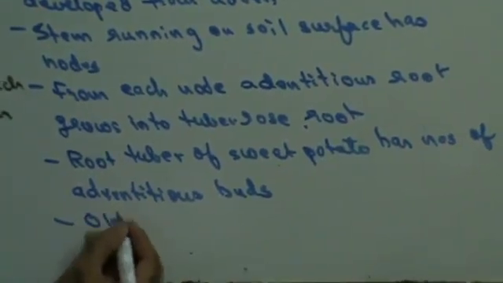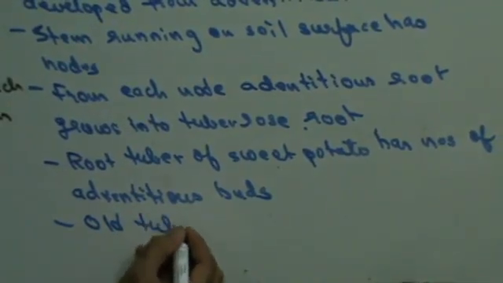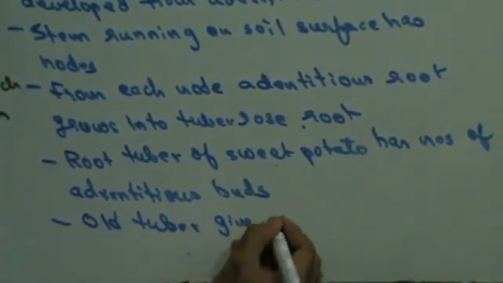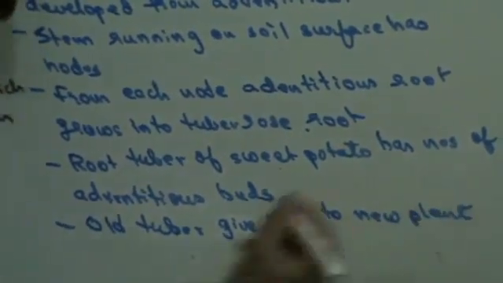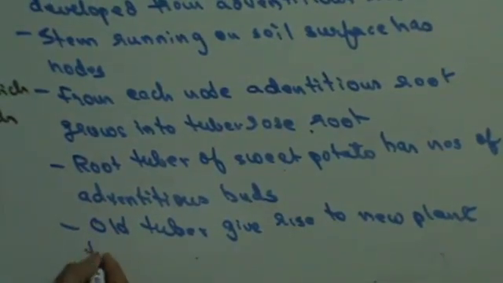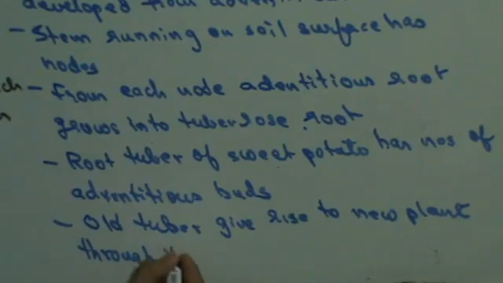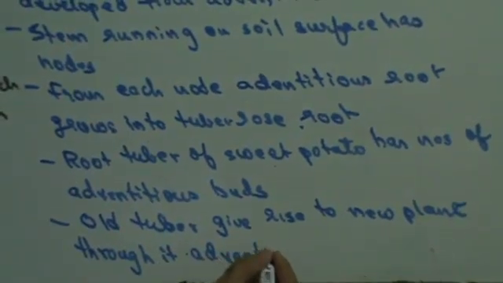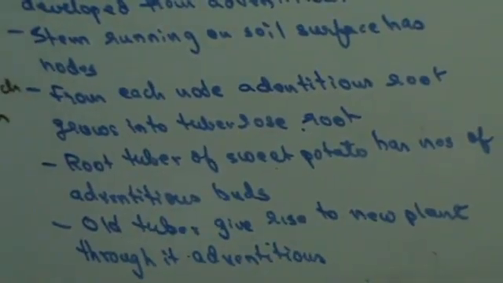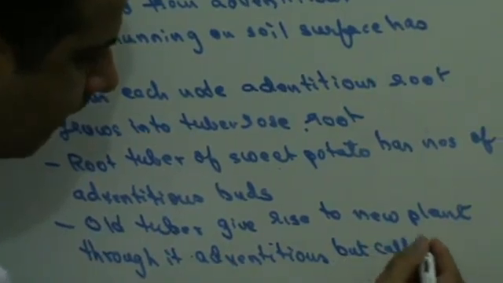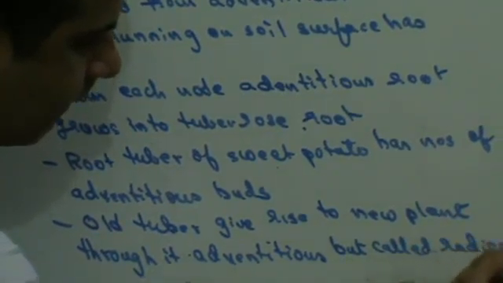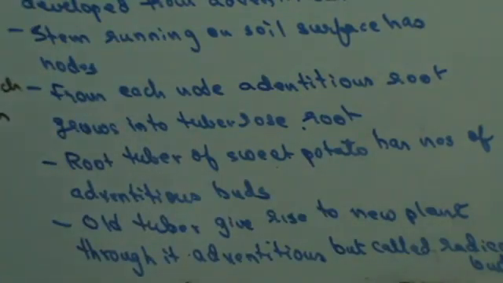The old tuber gives rise to new plant through its adventitious bud called radical bud. So that's your reproduction that would take place in sweet potato using the roots.